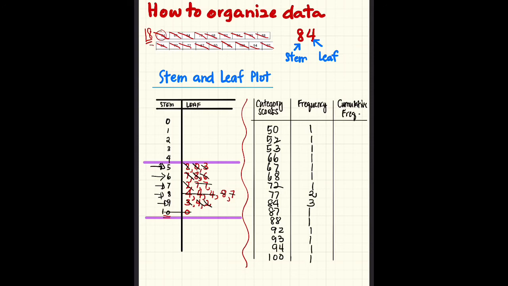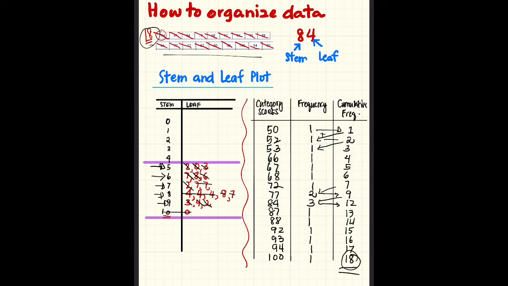Now again, you need to check if you have the same number, 18. So we do cumulative frequency. How do we do that? So you have 1, and then 1 plus 1 is 2. Plus 1 is 3, plus 1 is 4, 5, 6, 7, plus 2 is 9, plus 3 is 12, then 13, 14, 15, 16, 17, 18.